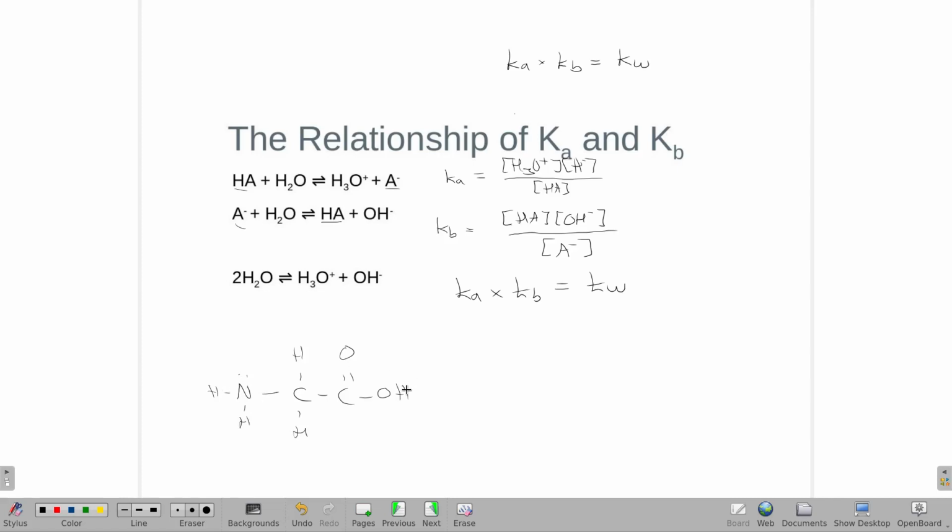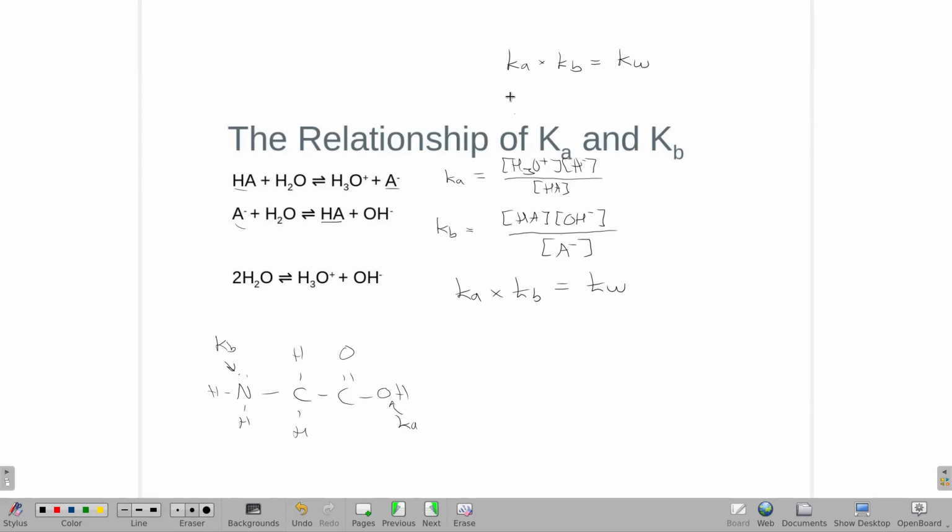Amino acid. Alright, here's the interesting thing. There is a Ka that talks about how well that H comes off. The Kb for that is how well the H goes back on in that place. But it turns out there's an easier to get to place. This one down here has a Kb.